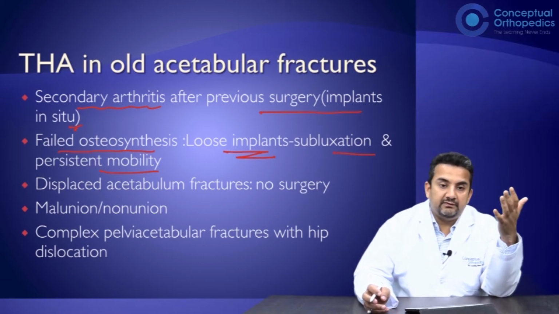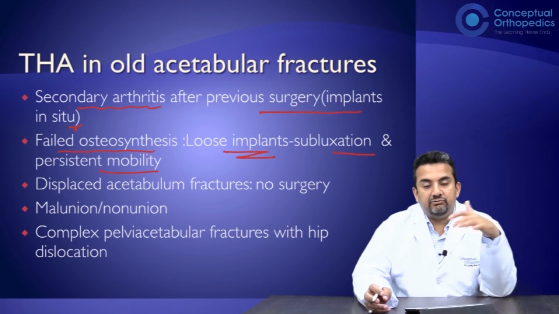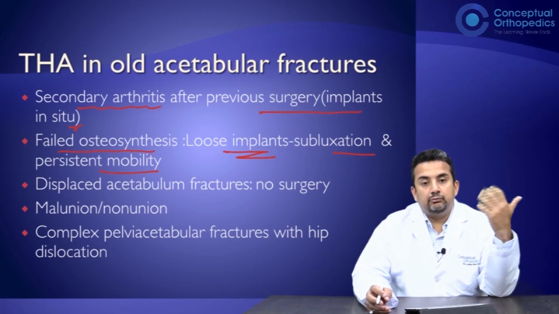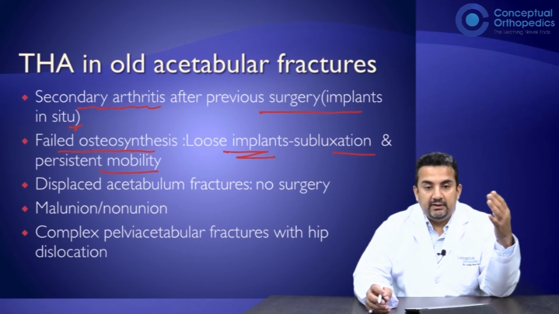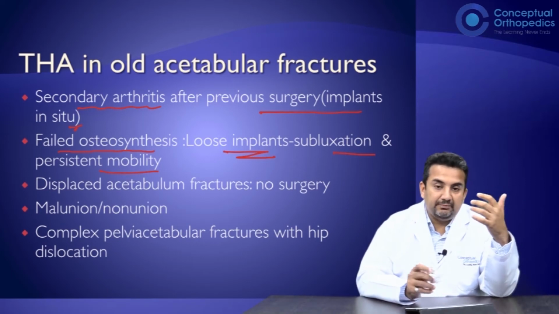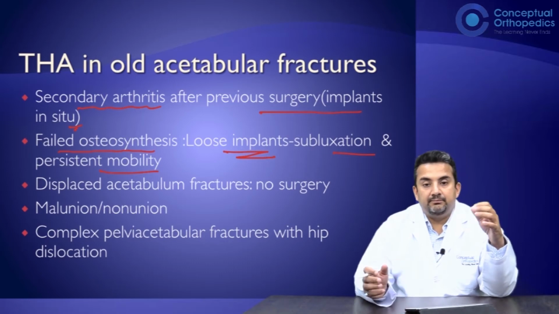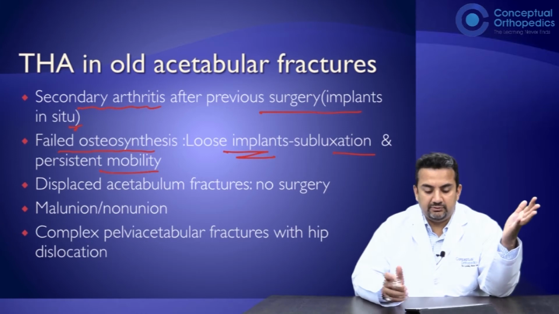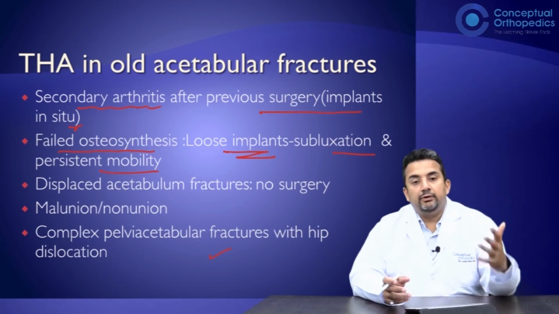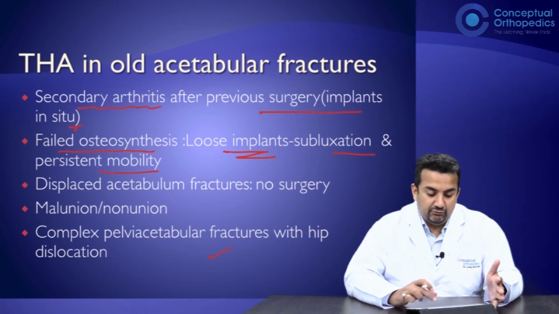Non-unions and malunions of the acetabulum, which obviously are leading to secondary arthritis, need to be taken care of by a total hip replacement. And sometimes complex pelvic acetabular fractures with hip dislocations, maybe a central fracture dislocation or a persistent posterior dislocation, you might need to go in for a total hip replacement in such situations.